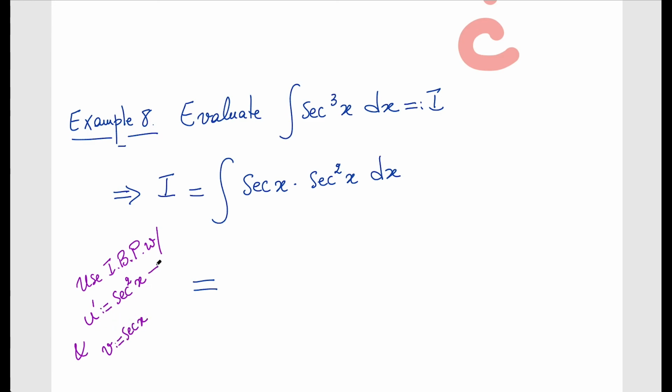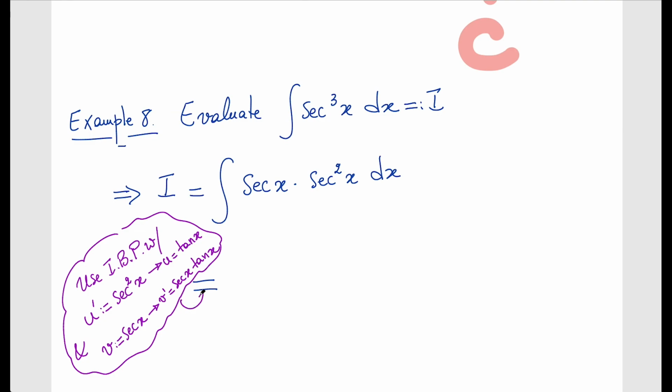Okay, so as such, u is tangent x and v prime is secant x tangent x. Correct?